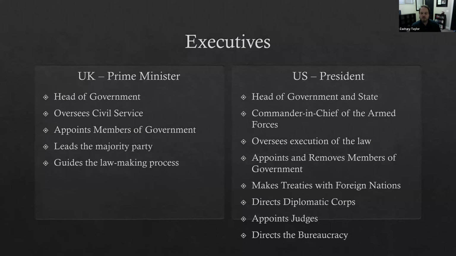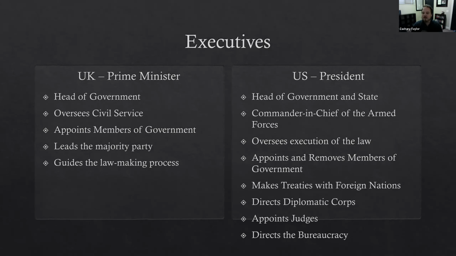And so there's more power on that domestic side because it's just more frequent. The problems that come up, the issues that a country has to deal with, are much more frequently internal than external. And so, yes, that head of government, as you see here, is the prime minister in the UK.